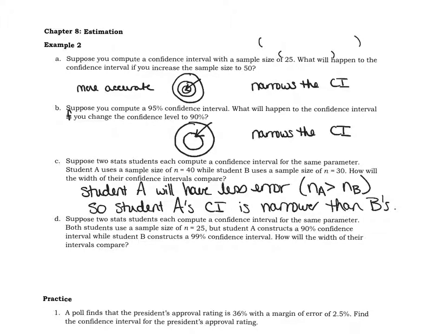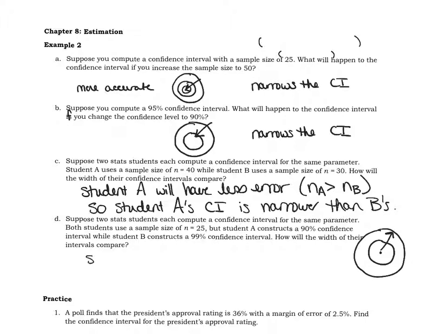Okay. All right, and last one here. Two stat students each compute a confidence interval for the same parameter. They use the exact same sample size. They both asked 25 people. But student A makes a 90% confidence interval. Student B makes a 99% confidence interval. How will the width of their intervals compare? Remember, if here's your target, you might be 90% confident here, but if you want to be more confident, I want a bigger target. We are going to the outside.